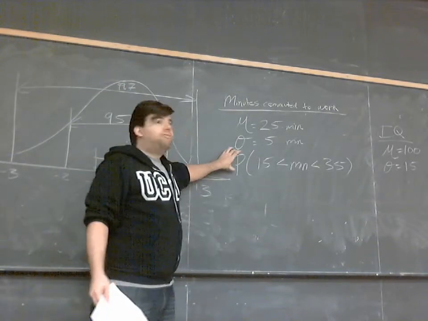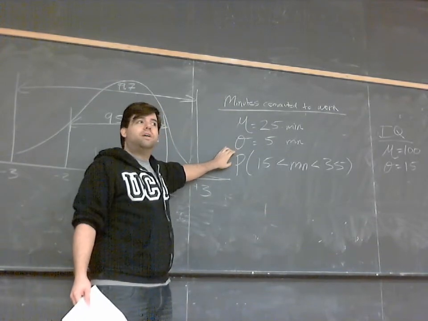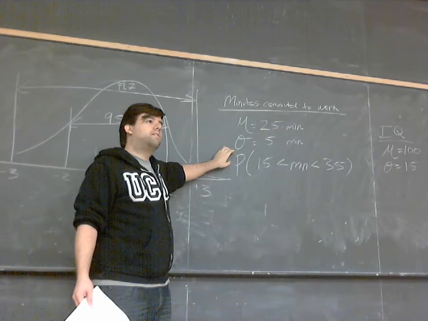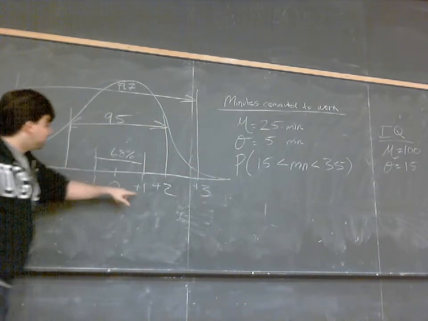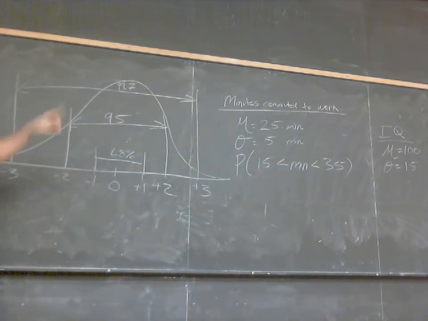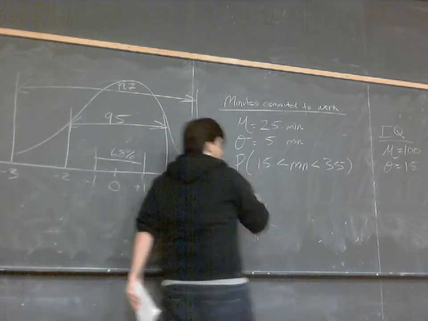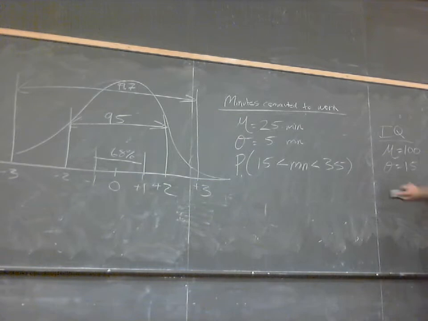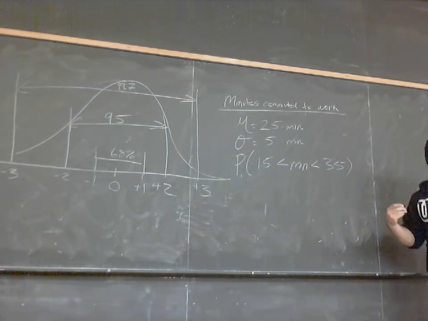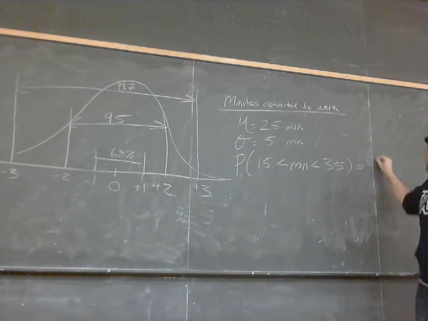What's my first step in finding this probability? You gotta find the distance away. Exactly. The empirical rule is written in z-scores here, not in minutes commuted to work. So I need to first convert all this to z-scores. Again, a z-score is how many standard deviations away from the mean a value is.